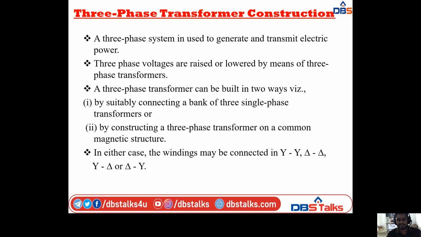A three-phase transformer can be built in two ways: by suitably connecting a bank of three single-phase transformers, or by constructing a three-phase transformer on a common magnetic structure. In either case, the windings may be connected in star to star, delta to delta, star to delta, or delta to star.